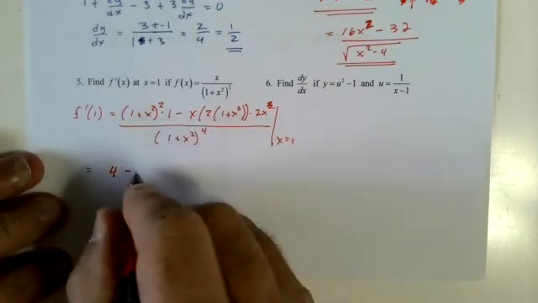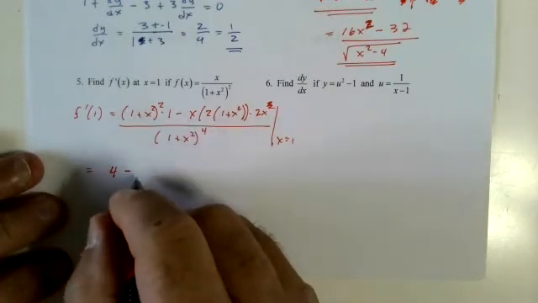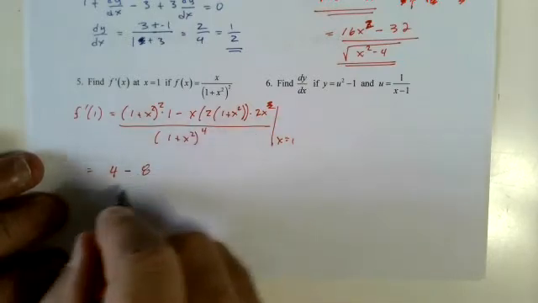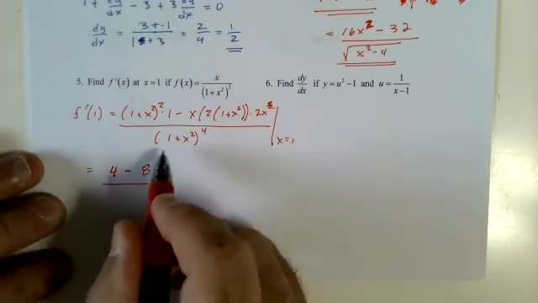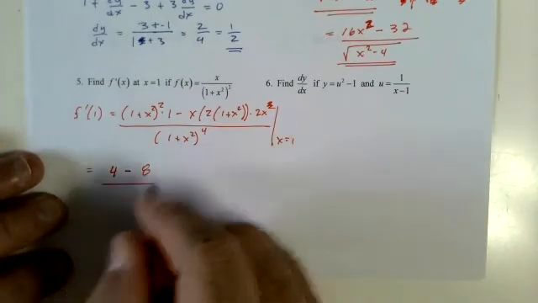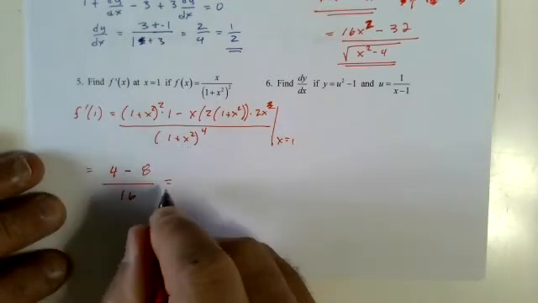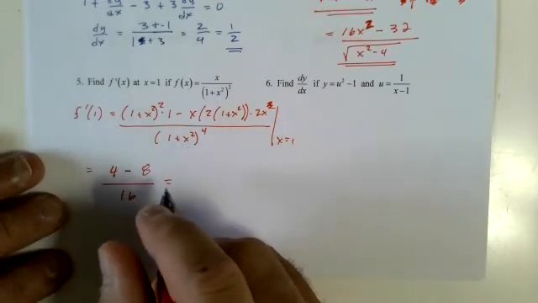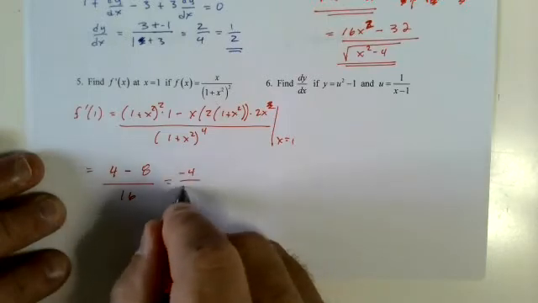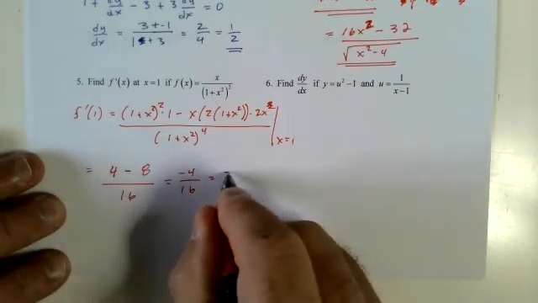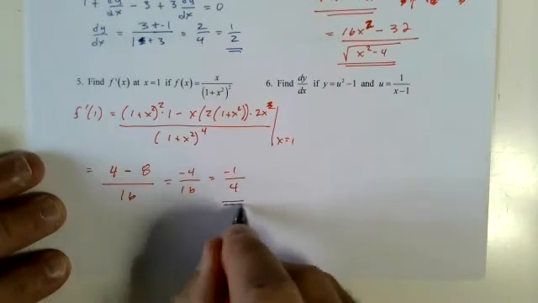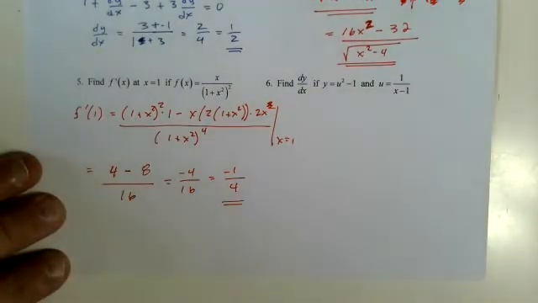So 1 times 2, 8. See how badly I hashed this one up, or not. 4 over 16. Negative 4 over 16. Negative 1/4. So again, as soon as possible, throw that number in there. Make your life a little bit easier.